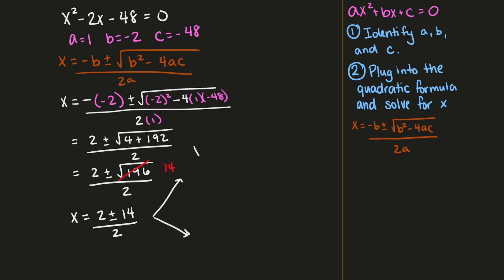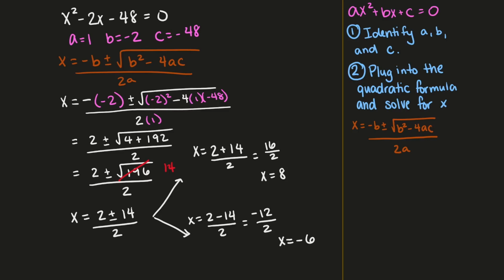X equals 2 plus 14 all over 2, and x equals 2 minus 14 all over 2. On the top, this gives us 16 over 2, or x equals 8. And on the bottom, this gives us negative 12 over 2, or x equals negative 6. So our two values for x are 8 and negative 6.